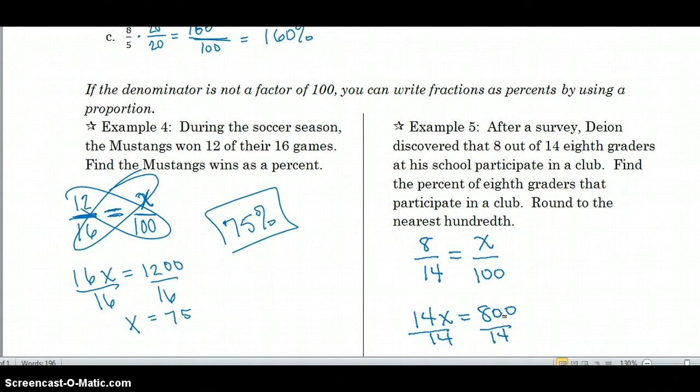And that does not go evenly. We could start with 2. 2 goes 7, and 2 goes 400. But there again, it's still a fraction, and we need it to be a number that we could say as a percent. So go ahead and use your calculator.